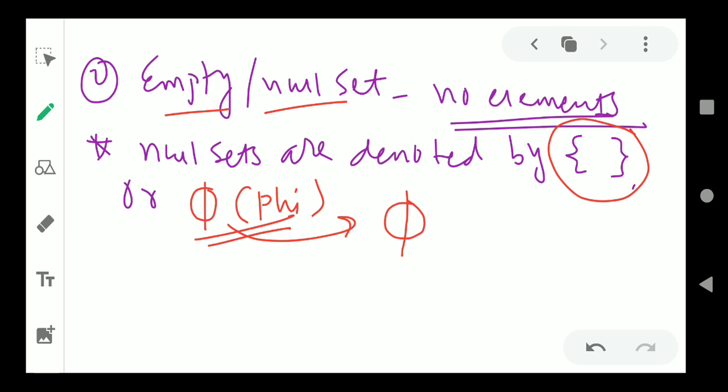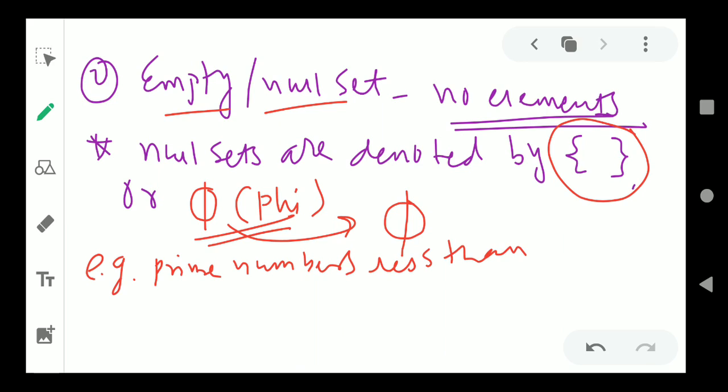So we can take an example of empty set here. Suppose prime numbers less than 2. We know there are no prime numbers less than 2 because 2 is the first prime number.